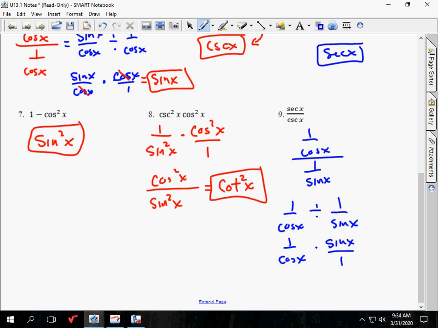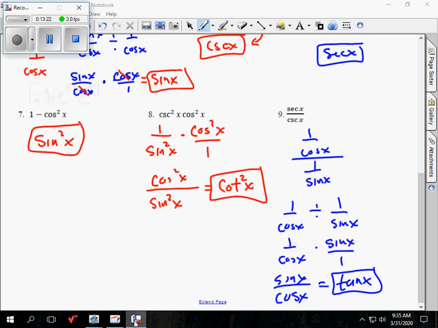Then multiply across, because nothing's going to cross cancel, so you get sine x over cosine x, and that's going to be tangent x. If you need to look back at these again, just so you can see the process, changing things to sines and cosines, look for things that are squared with a plus or minus. That's going to use one of the Pythagorean identities. Hopefully this helped, and you can do the homework now.